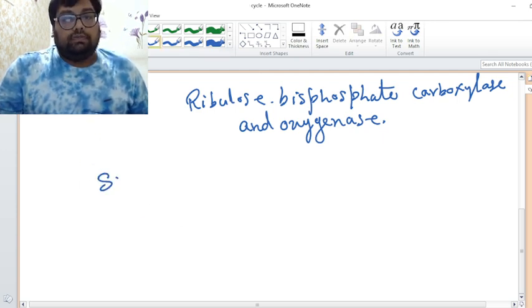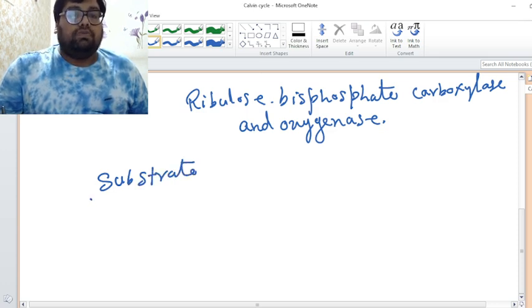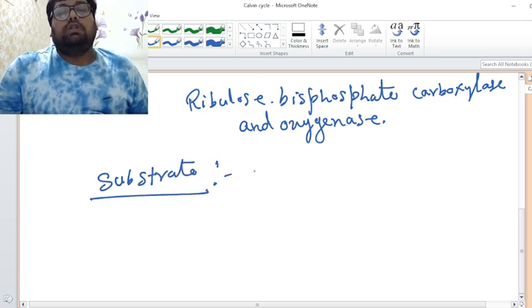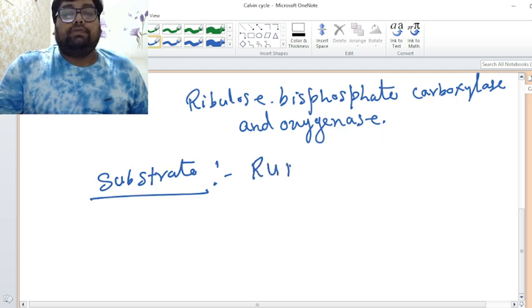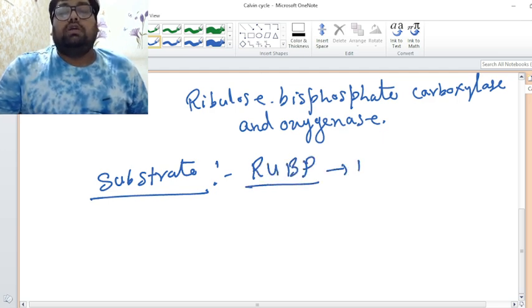Then there is a substrate, that is RuBP, used during the C3 cycle.